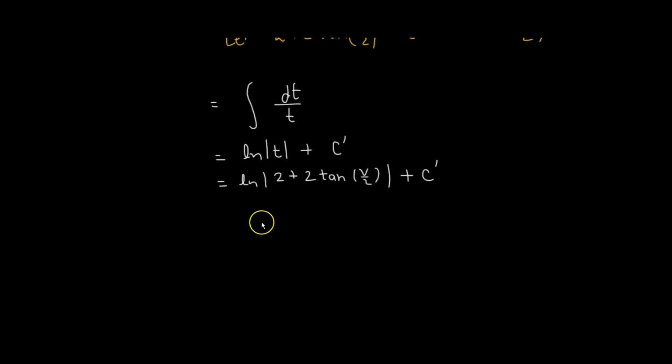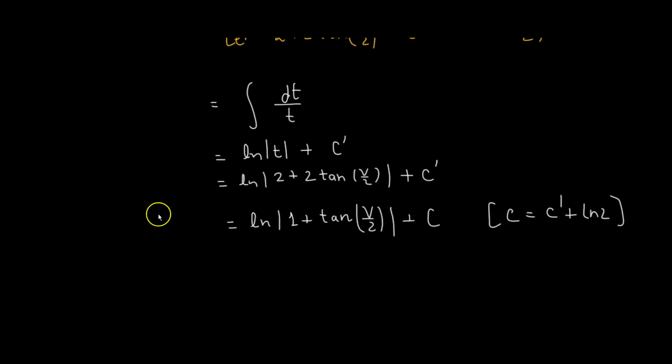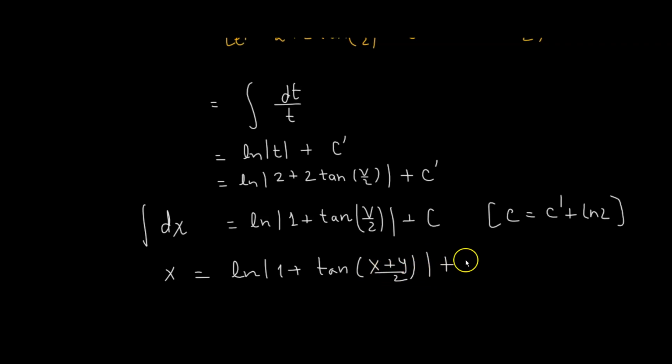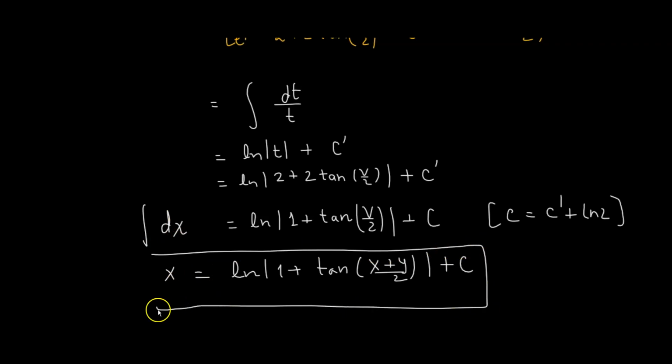And if we use the property of logarithm, this can be written as log of 1 plus tangent of v over 2, plus c, where c is equal to c prime plus log of 2, and this is what was equal to the integral of dx. So we have x is equal to natural log of 1 plus tangent of v over 2, where v here is x plus y, so x plus y divided by 2, plus c, and this is the required solution to the given differential equation.